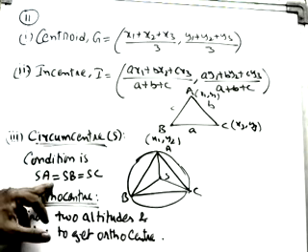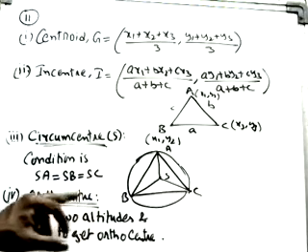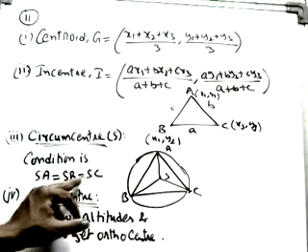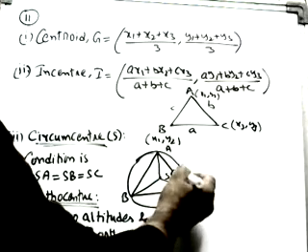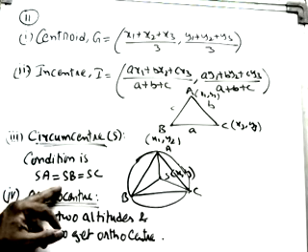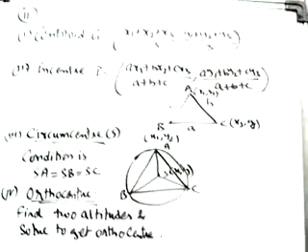Therefore, to find the circumcenter, the easy method is to use this concept: SA equals SB equals SC. Solving SA equals SB, we get one equation. Solving SB equals SC, one more equation. If you solve these two equations, we get the circumcenter. Suppose the circumcenter is (x, y). Using this condition and the distance formula, we can find the circumcenter.